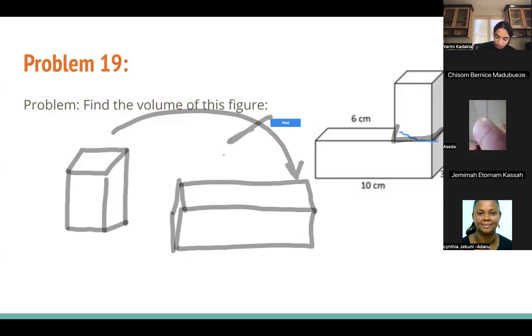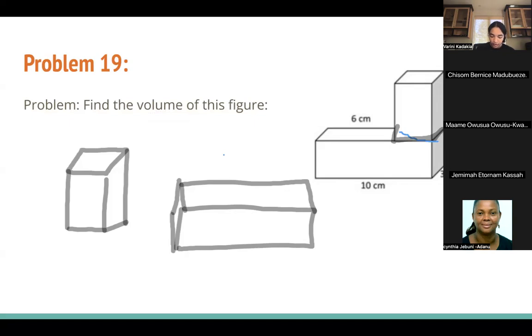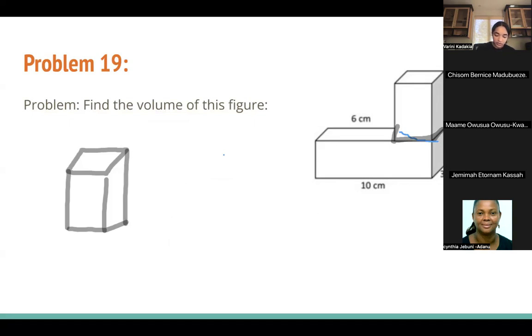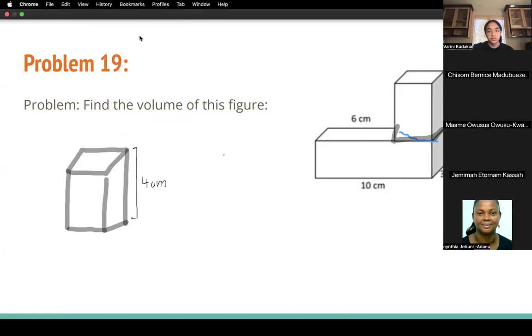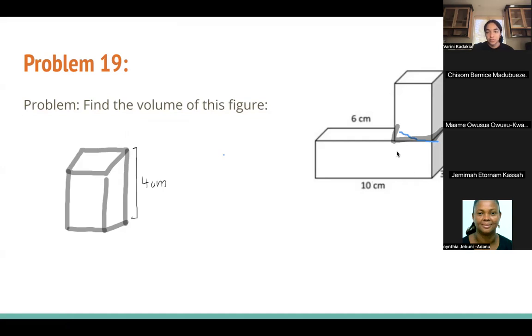So then let's start with the small one. So we know one dimension of the small one. We know that this part right here is 4 centimeters. Right? Then we need to know what this side is, and what this side is.